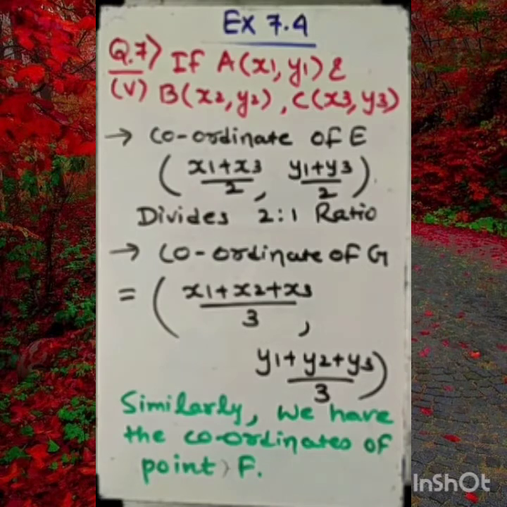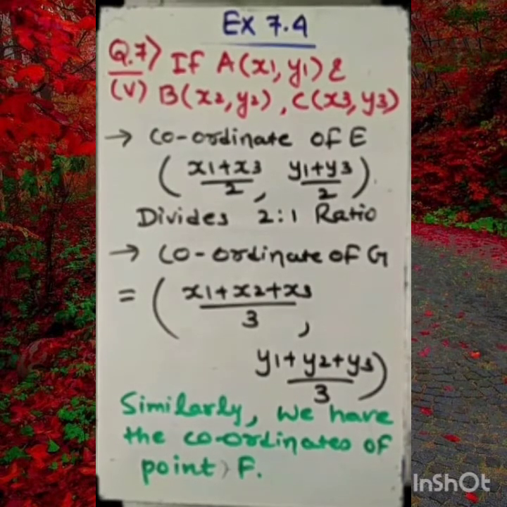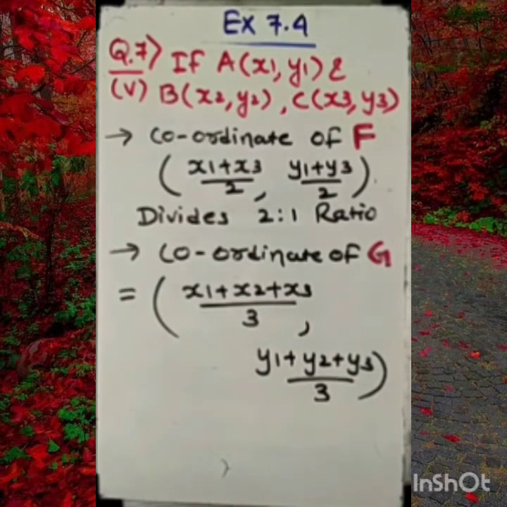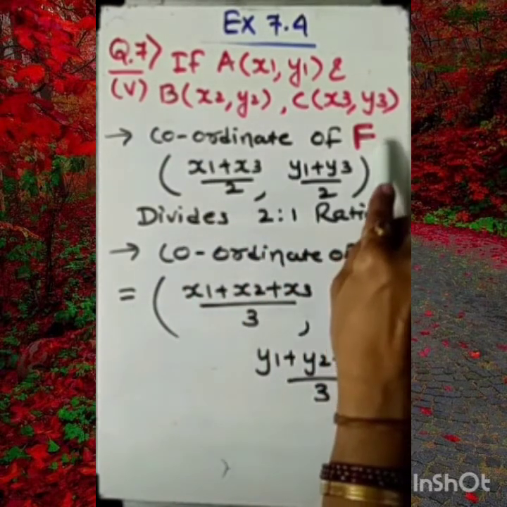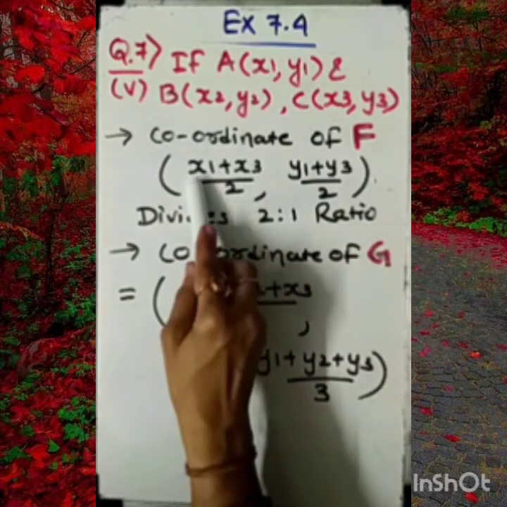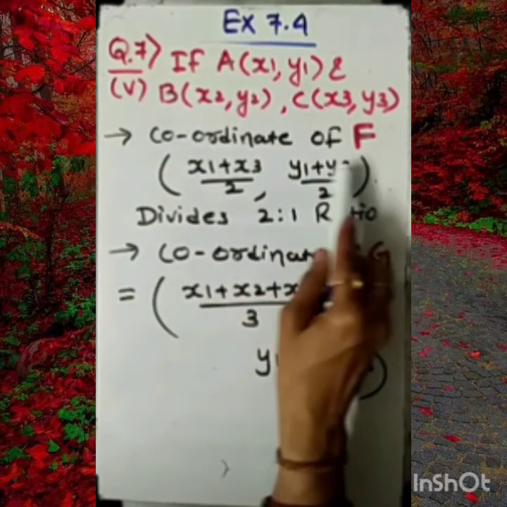Okay, let's note down what F will be. So my dear student, here the coordinates of point F, that will be x1 plus x3 by 2, comma, y1 plus y3 by 2.